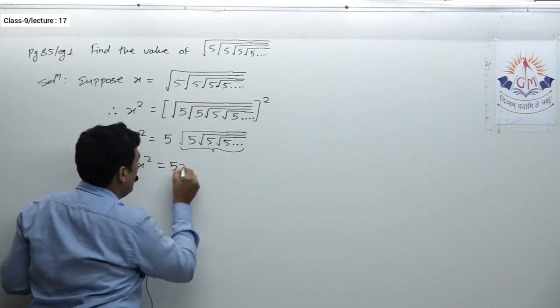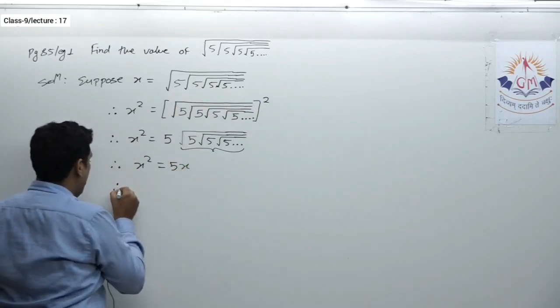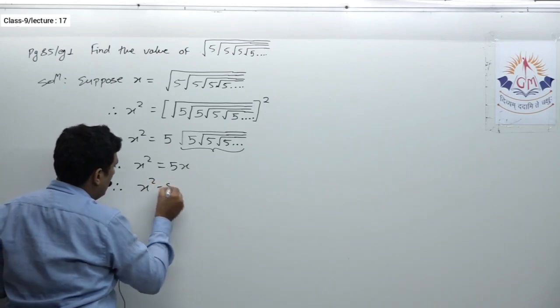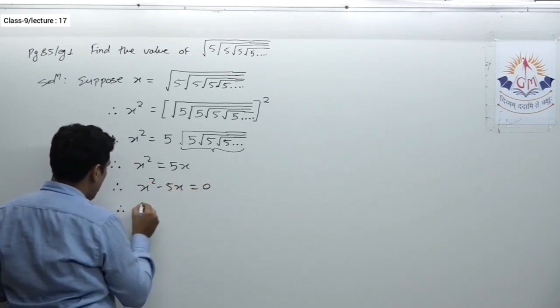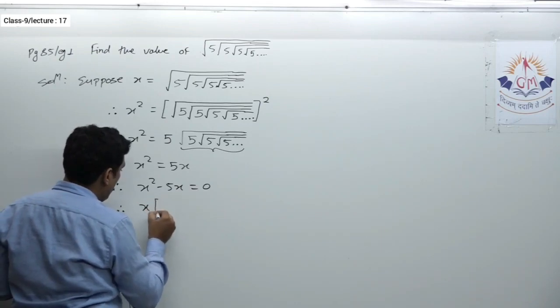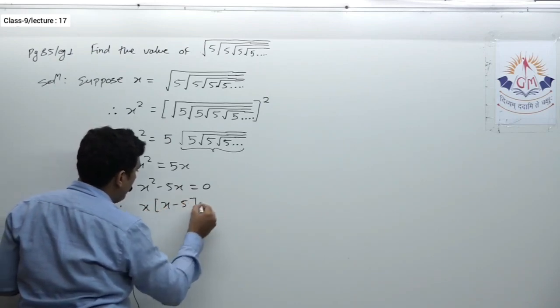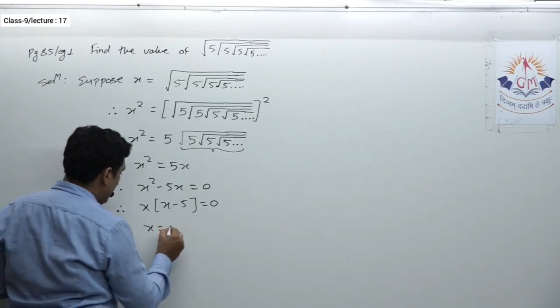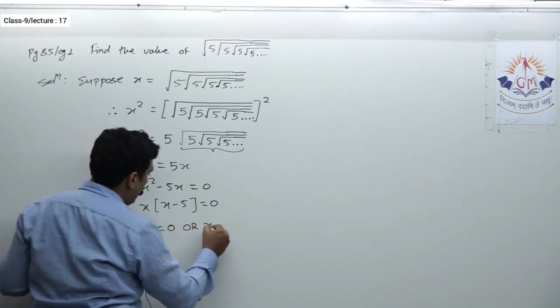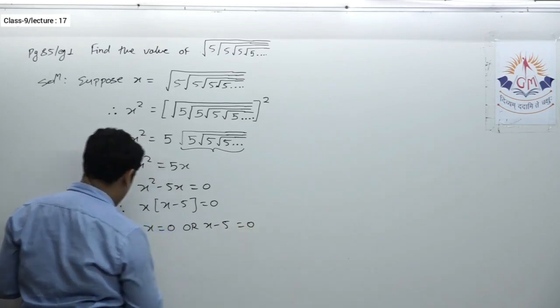So here I can write x square minus 5x is equal to 0. Now from this I can take x common, so x into x minus 5 is equal to 0. So either x equal to 0 or x minus 5 equal to 0.